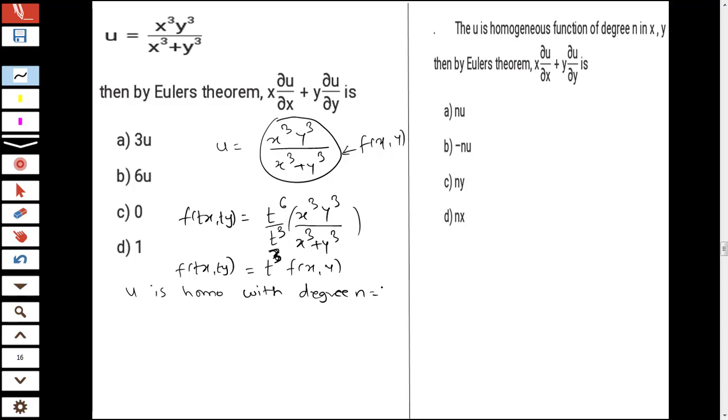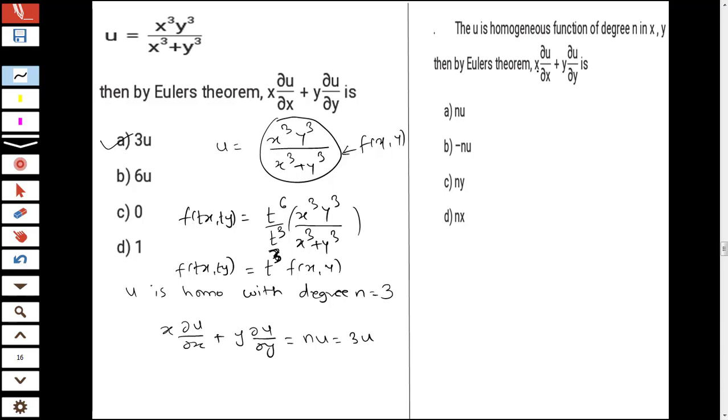So degree n is 3, and by Euler's theorem x ∂u/∂x plus y ∂u/∂y will be equal to n into u, that is 3 into u. So the answer is option A. Now you can see that 6u is also an option. If your degree is 6, if you have not corrected this, your answer will be 6u, which is wrong. So your degree must be correct.